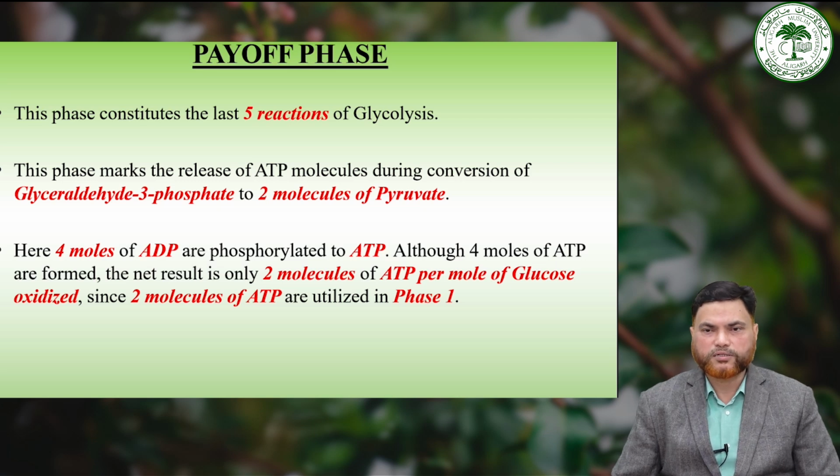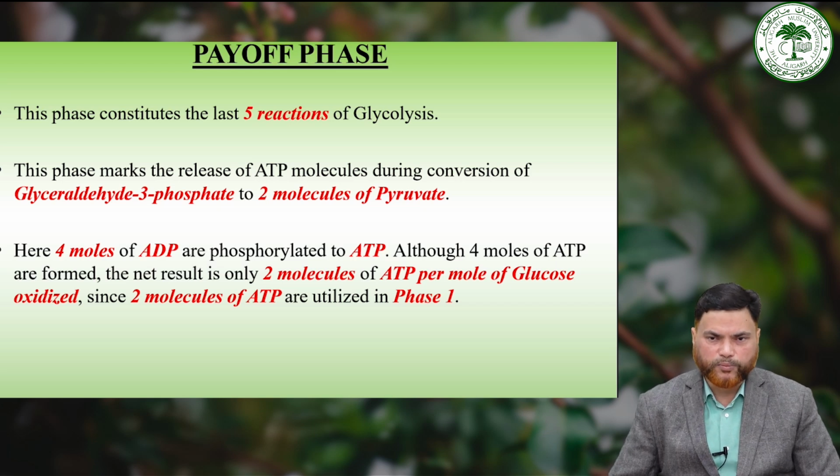During this process, 4 molecules of ADP are phosphorylated to form ATP. Despite the formation of 4 ATP molecules, the overall outcome is only 2 ATP molecules per molecule of glucose oxidized, as 2 ATP molecules are consumed in phase 1.